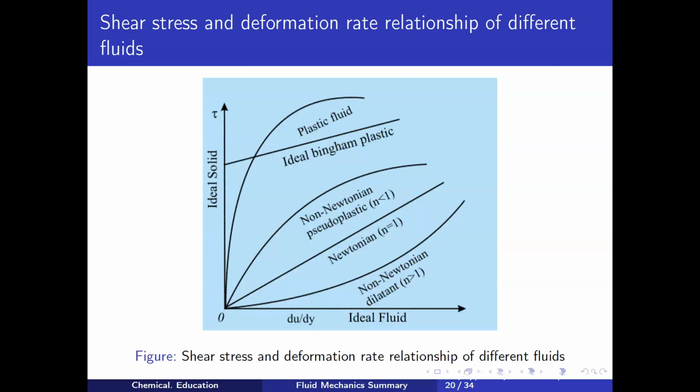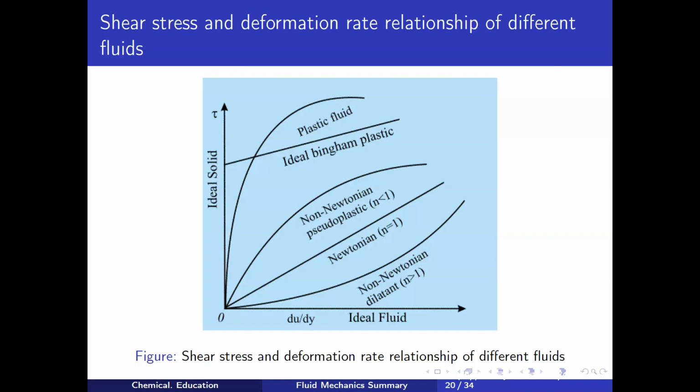So now here, ideal solid, where the velocity gradient is 0. Now here is the tau versus du by dy plot. When du by dy is 0, that is ideal solid, and when tau is 0 but the fluid is flowing, it means 0 viscosity, that is ideal fluid. Now when tau is directly proportional to du by dy, that is Newtonian fluid, so n is 1.